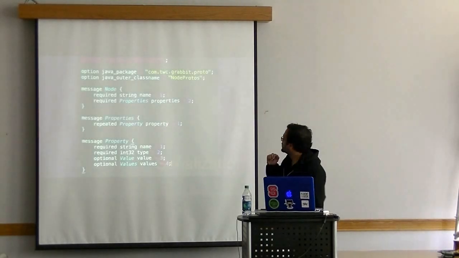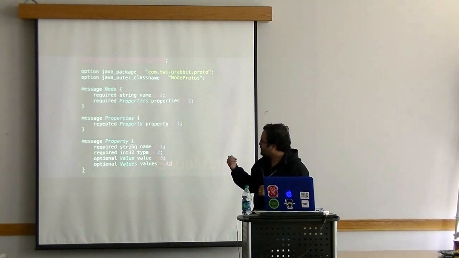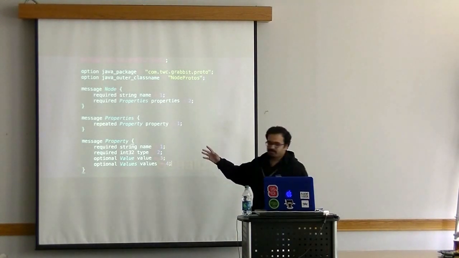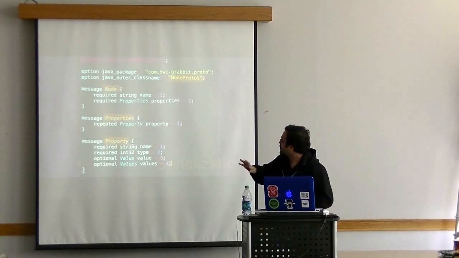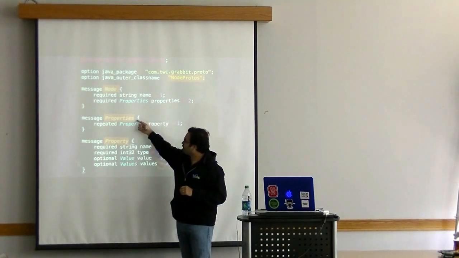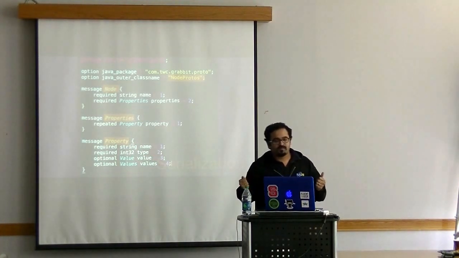All right. Time to look at some code. This is an excerpt from the Grabbit code base. Immediately looking at it, I'm not sure if you can make out, but maybe this will help. We have something called a node, properties, and property. What would this be?